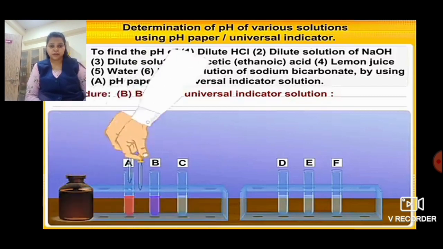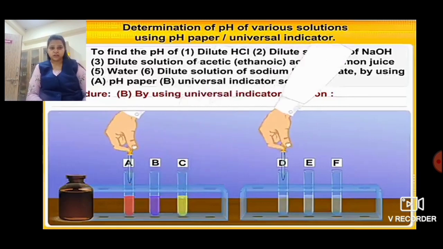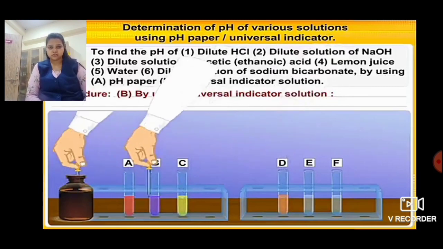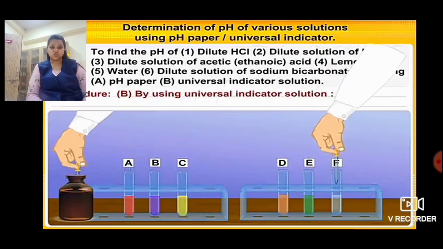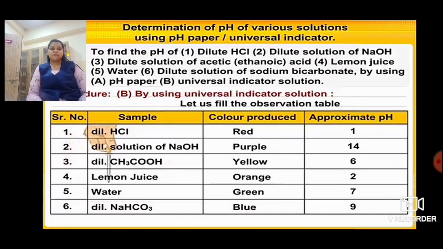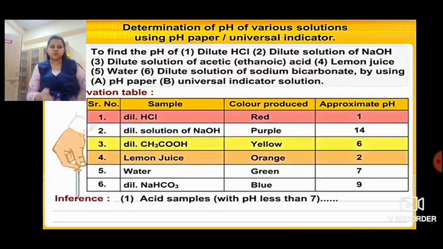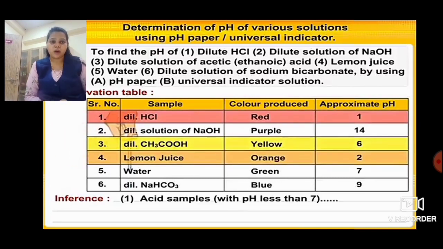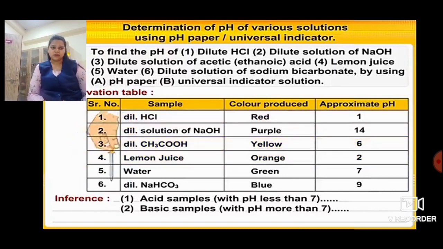As you can see, for B we've got violet, for C we got a yellow color, for D we got an orange color, E, which was neutral water, we got green, and for the blue we got 9, that is the color of the solution that we got from the universal indicator. Now acidic samples are the ones with pH less than 7.